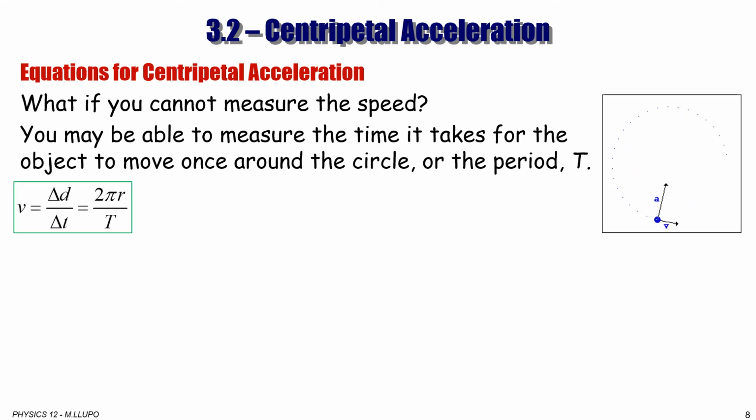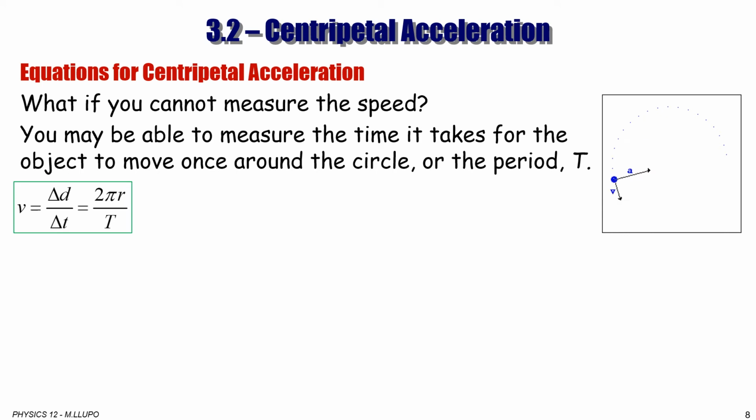Now we know that speed is equal to distance over time, but in one cycle, the distance around the circle is 2 pi r, or circumference, and the time for one cycle is the period.